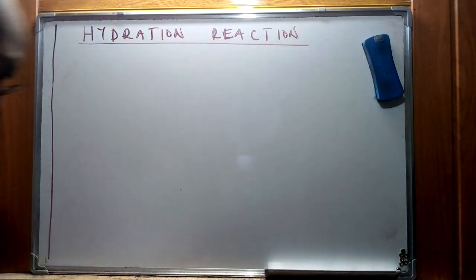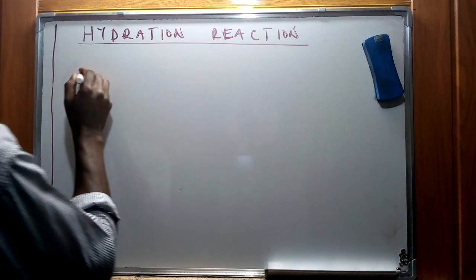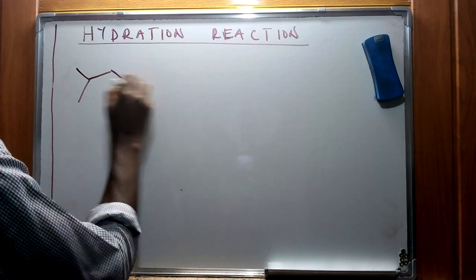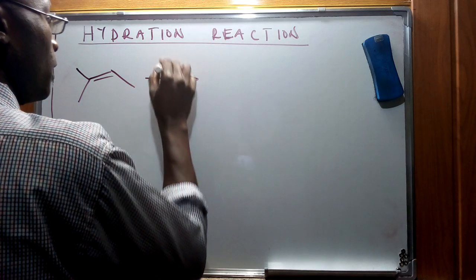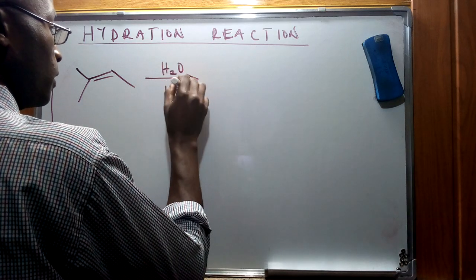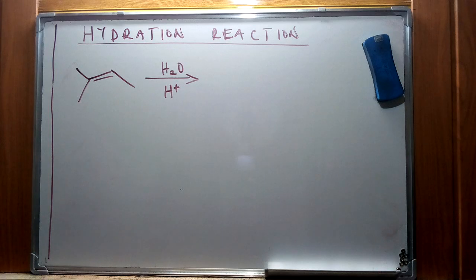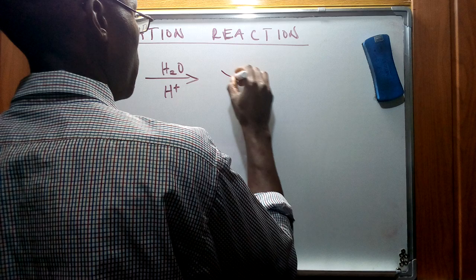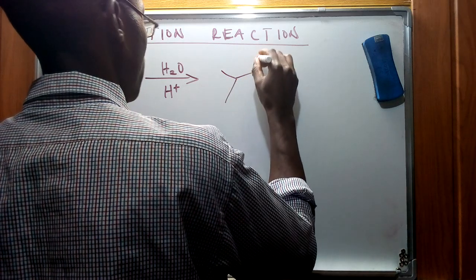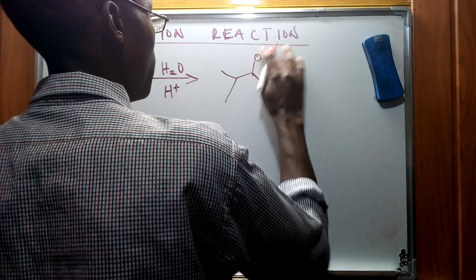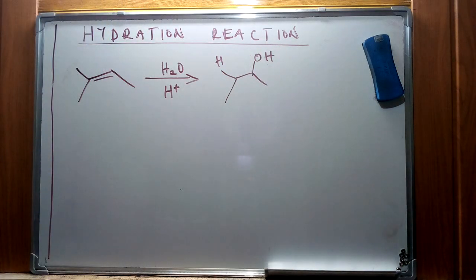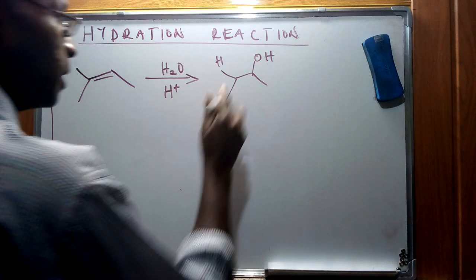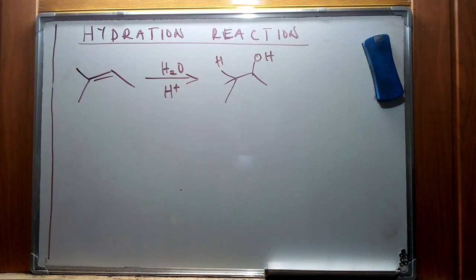So in case we have a molecule like this, which has a double bond, and this molecule is undergoing hydration, that is, water in the presence of a strong acidic solution, this is going to lead to the formation of two products. We can illustrate this one as OH, and this one has an H group at that specific point, and then we have a methyl group at that point.